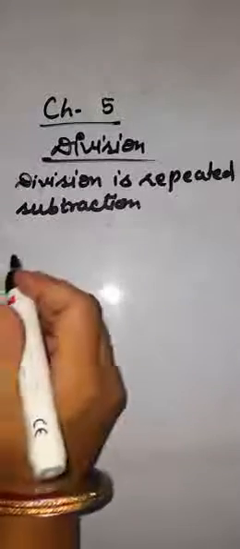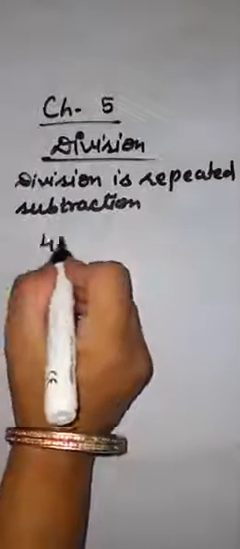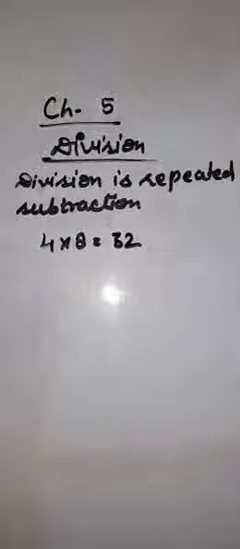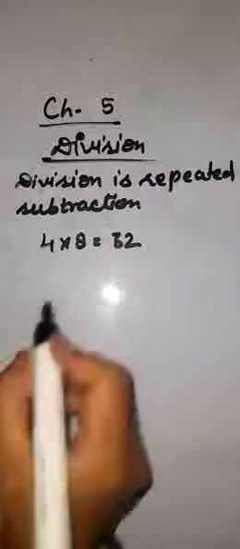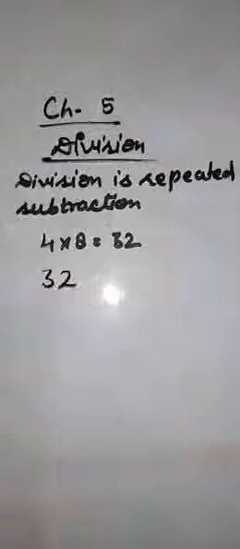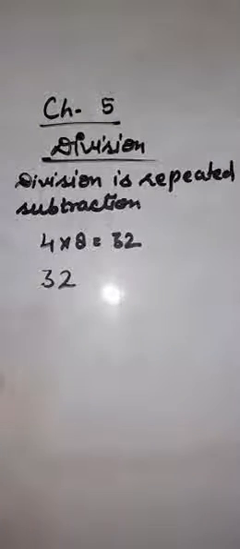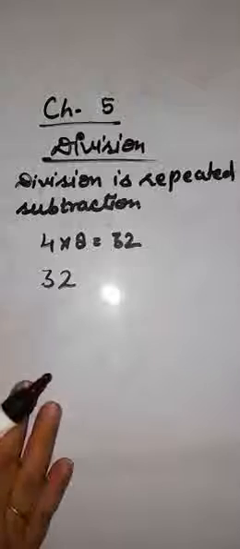Suppose the same example that we took in multiplication: 4 8s are 4 multiply 8 is equal to 32. 4 8s are 32. Now take 32 divided by 8. You can take 8 or 4, whichever you feel is easy for you.